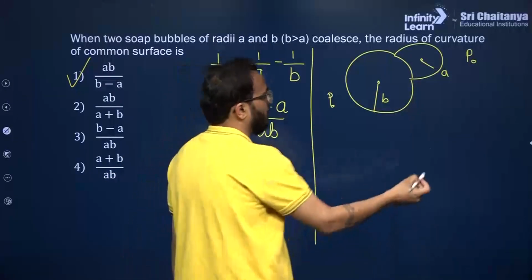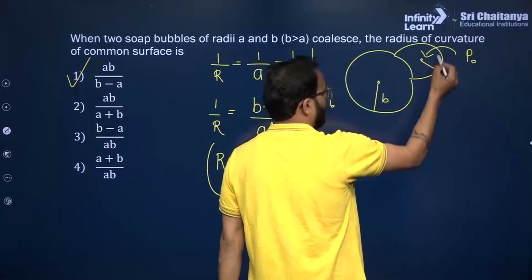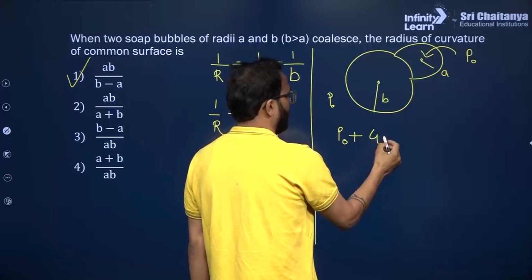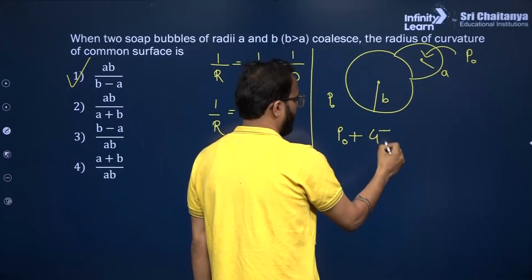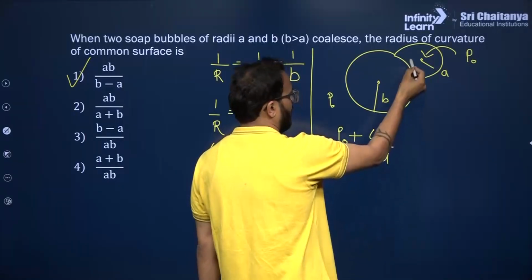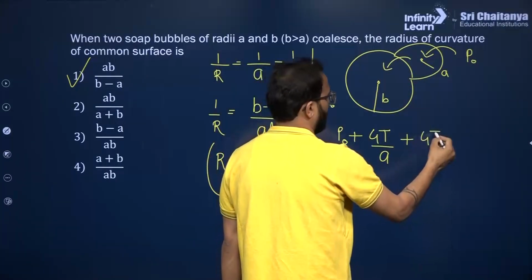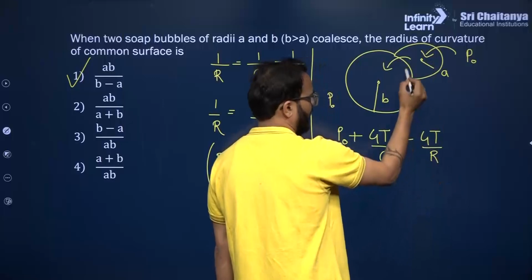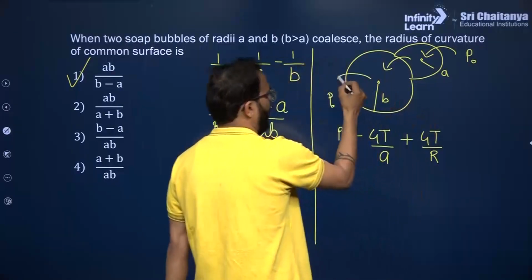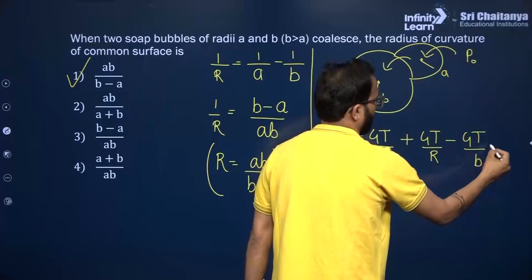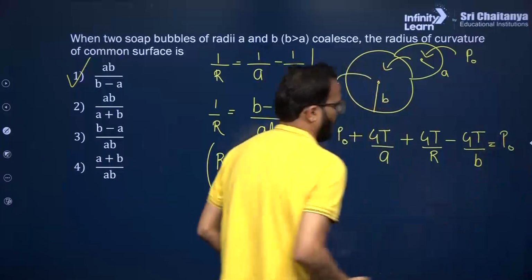So when you reach here, the pressure becomes P naught plus 4 T by A. Again another surface, so plus 4 T by R, its radius is R. Now you are going out, so minus 4 T by B is equal to again P naught, right?